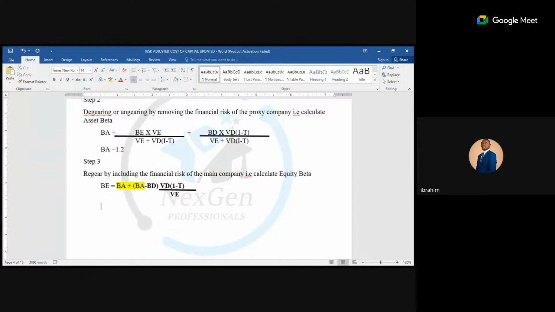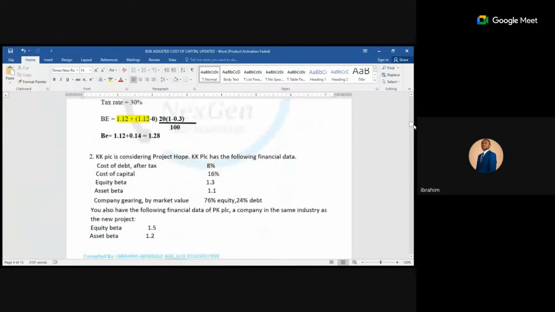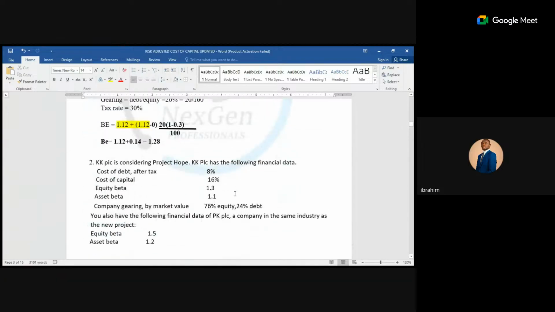So our BA, we have our BA of 1.2, BD, which is the beta debt. Now, is the beta debt of the main company given to us in this question? We have asset beta.